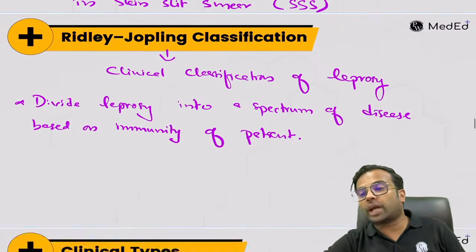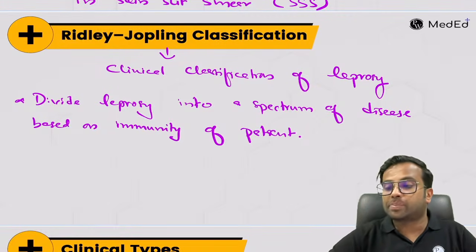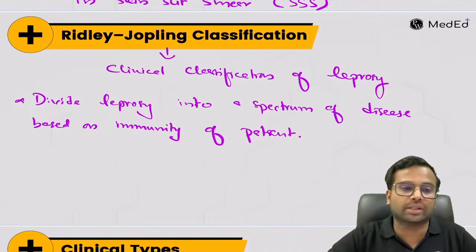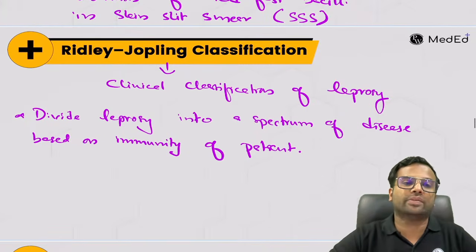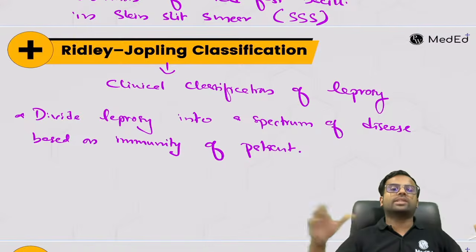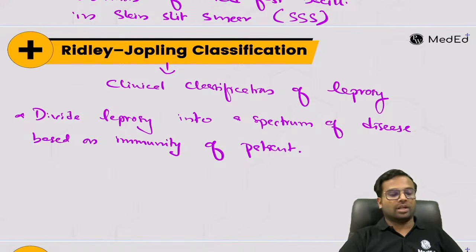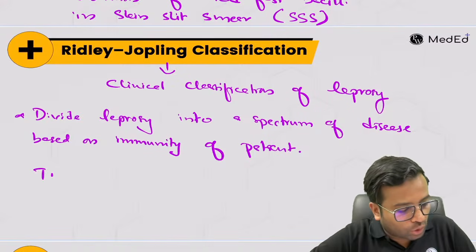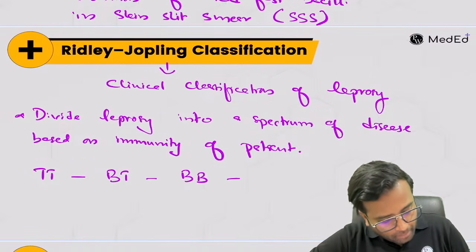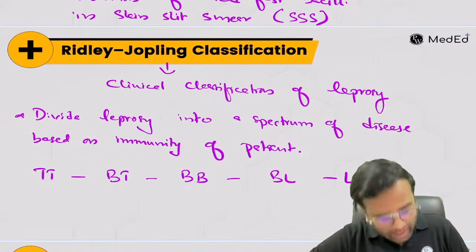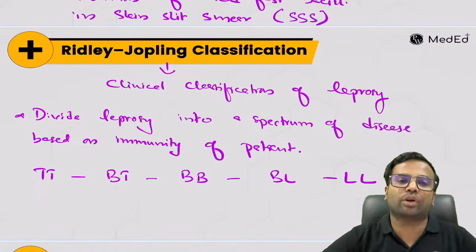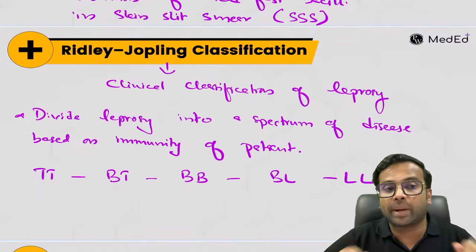Lepromatous leprosy, tuberculoid leprosy, and all those things. That is very correct. So here, what we have to write down is the Ridley-Jopling classification. Here we divide it into TT, BT, BB, BL, LL. So these are the five different types of leprosy based on the spectrum.